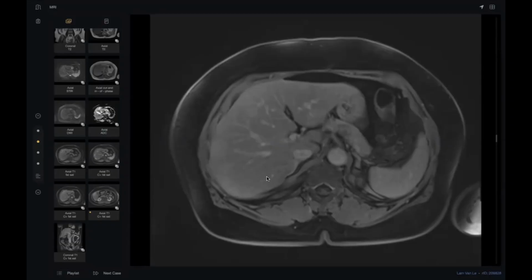So it will uptake the hepatobiliary specific contrast or not? It will uptake. So it will enhance or not in the delayed hepatobiliary specific phase? Sir, it should enhance. Okay, correct, it should enhance.